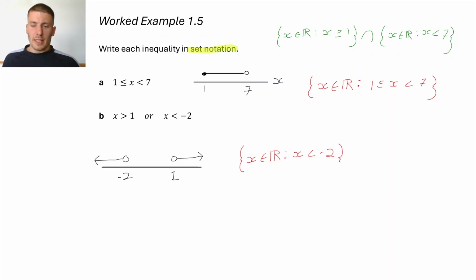And we close this bracket, and then because we've got two separate regions, and we explained before, we can use a union symbol here, okay? I know, again, there is nothing in between there, but we explained that there's no values less than -2 and greater than 1, so we can just write it as this.